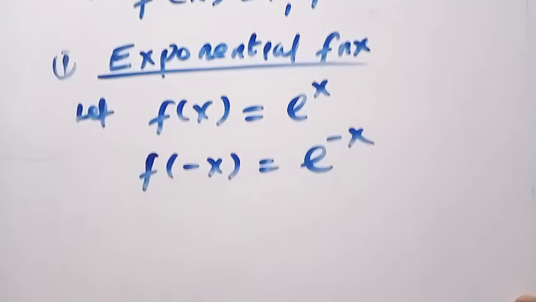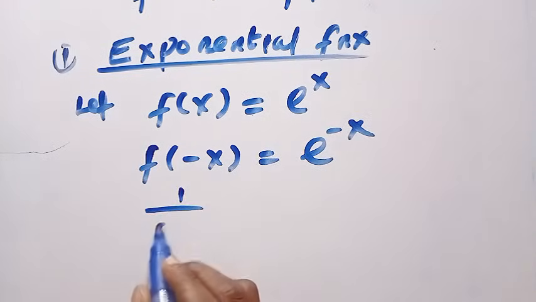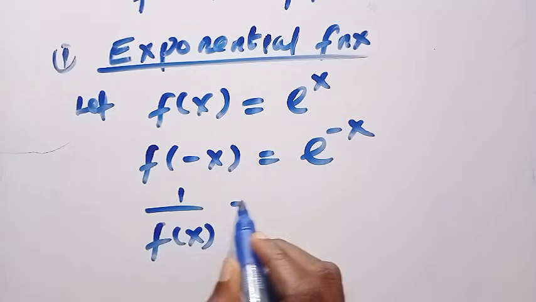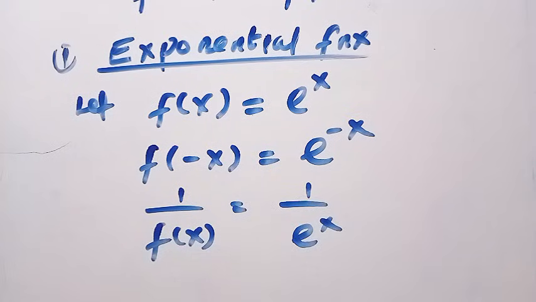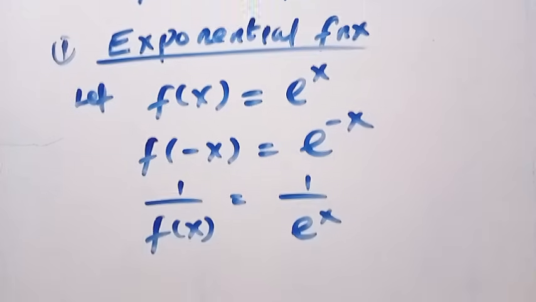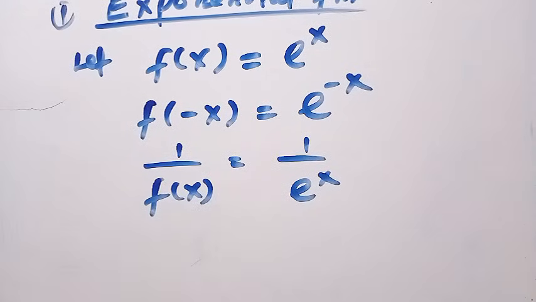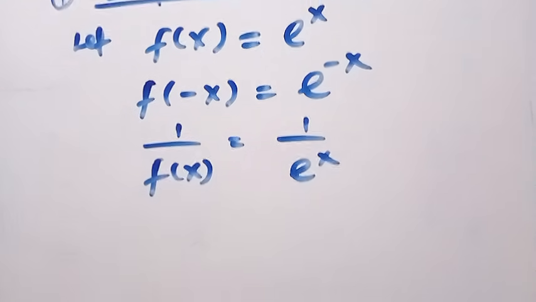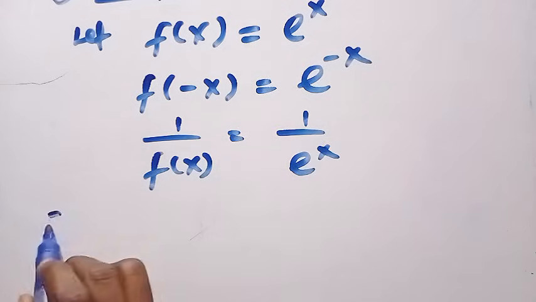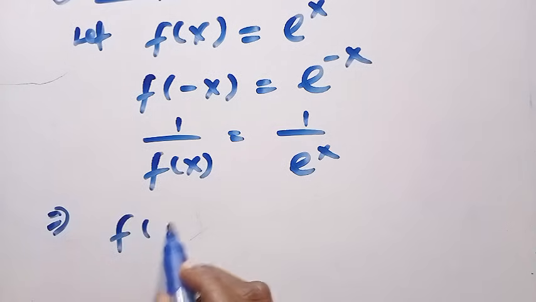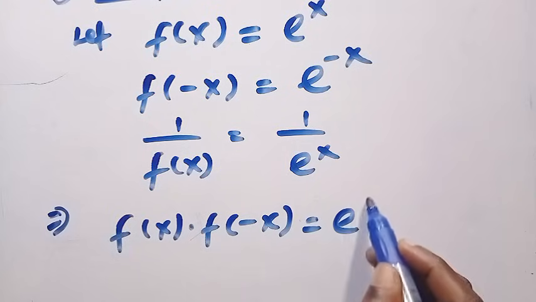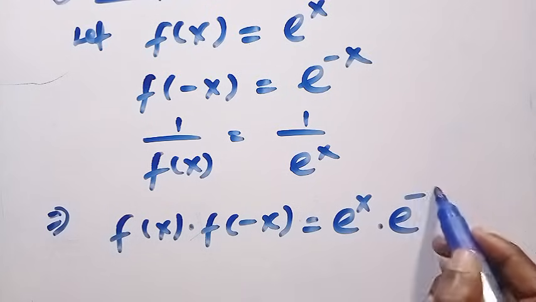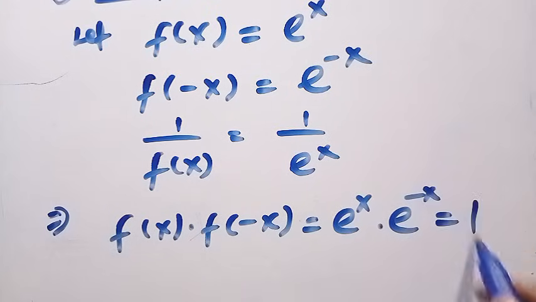If you look for 1 divided by f of x, this becomes 1 divided by e raised to the power x. Multiplying f of x and f of minus x together, this must equal 1. So we have f of x multiplied by f of minus x, which is e to the power x multiplied by e raised to the power minus x, and everything equals 1.